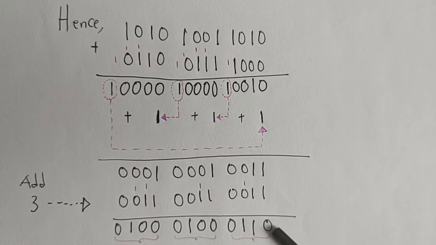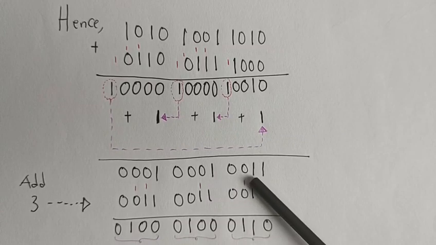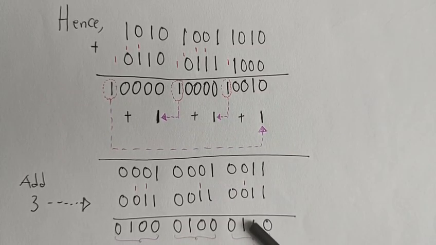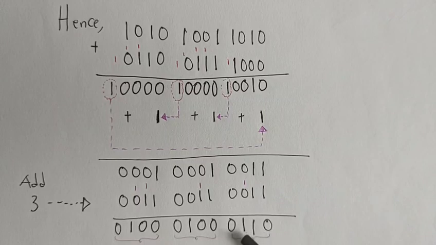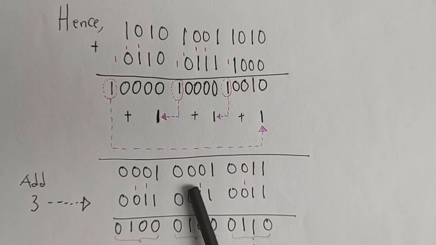1 plus 1 is going to be 0 with a carry of 1. We say 1 plus 1 plus 1 is going to give us 1 with a carry of 1. So we say 1 plus 1 plus 0 is going to give us 1. Then 0 plus 0 is going to give us 0. Now let's move to the next segment. 1 plus 1 is going to give us 0 with a carry of 1. 1 plus 1 plus 1 is going to be 0 with a carry of 1.